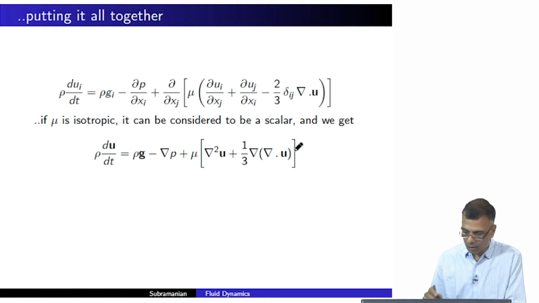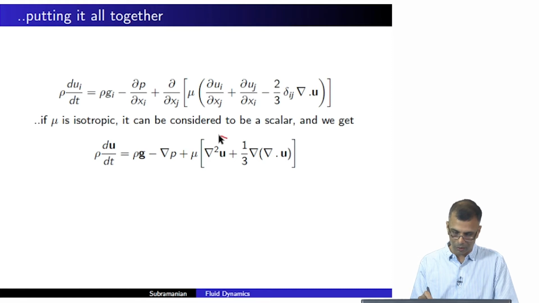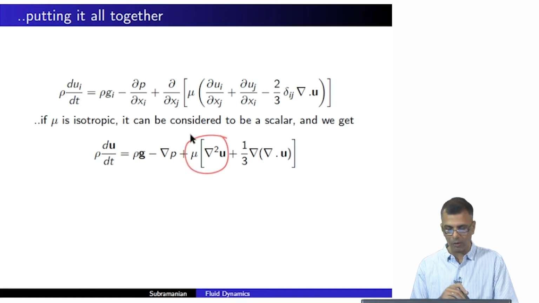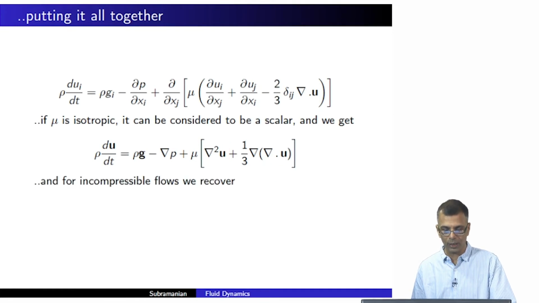Recall, this looks very similar to what we had written down a few slides earlier. The shear term or the viscosity term looked just like this, and this was missing. This is what's called bulk viscosity. This is arising due to bulk viscosity, and you can write this term down if you consider a slightly more formal way of doing things.